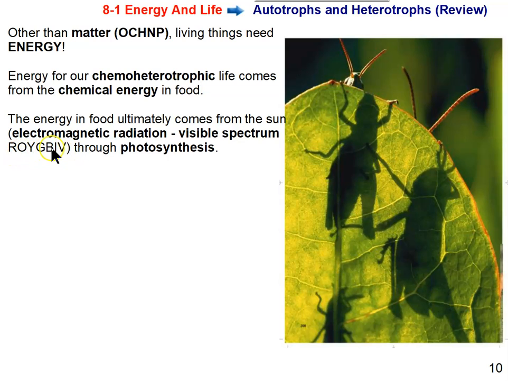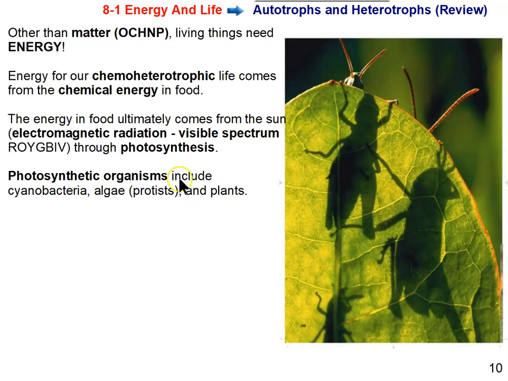Red, orange, yellow, green, blue, indigo, and violet. And they do this through photosynthesis. Photosynthetic organisms include cyanobacteria, algae, which, if you'll recall, are protists, the unit that we just studied, and plants, a unit that we're going to study in the future. But these are all photosynthetic, using light from the visible spectrum to make their own food.